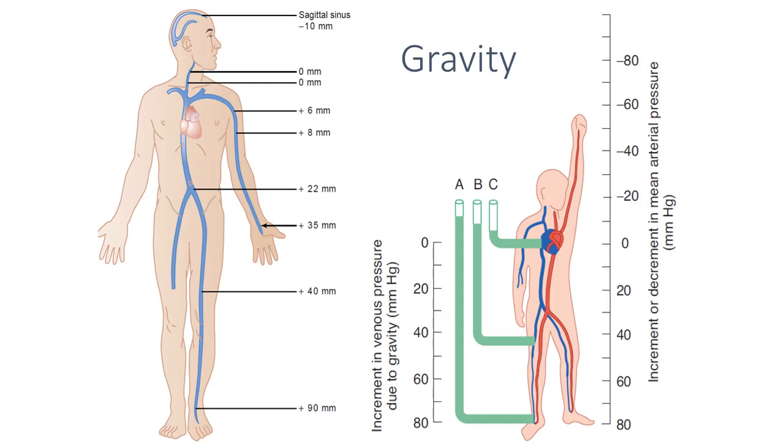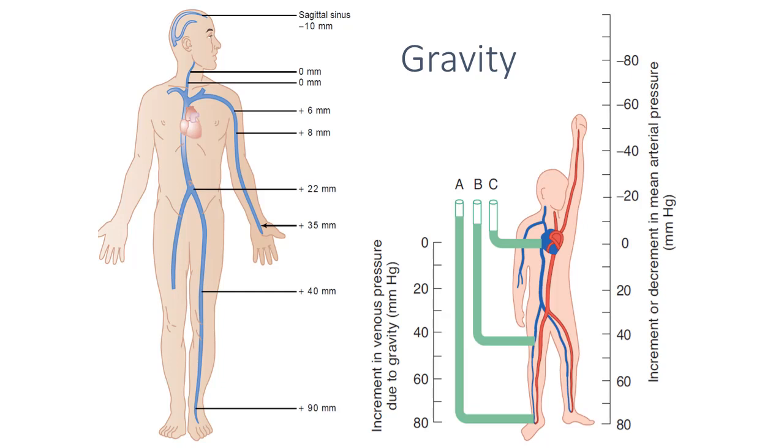Also, this pressure is higher in the arteries. Why? Because arteries already have a pressure. For example, imagine arterial pressure is about 100 millimeters of mercury.